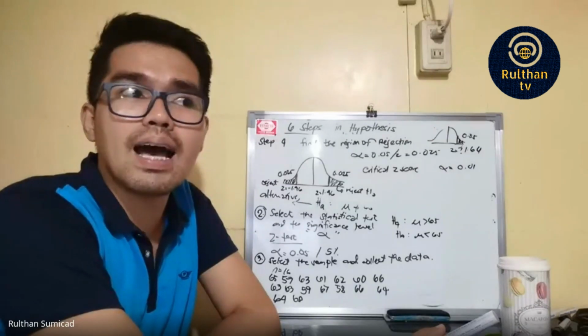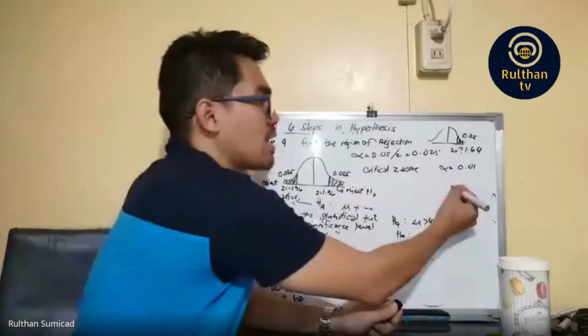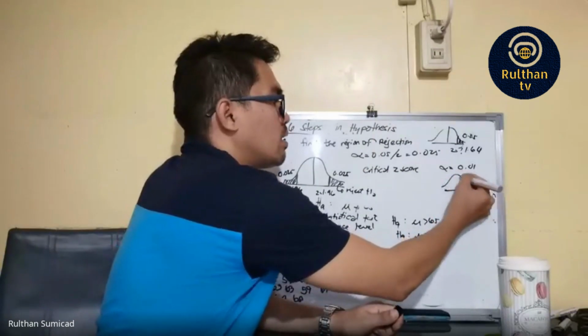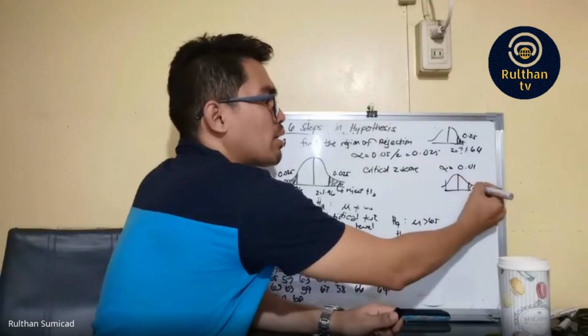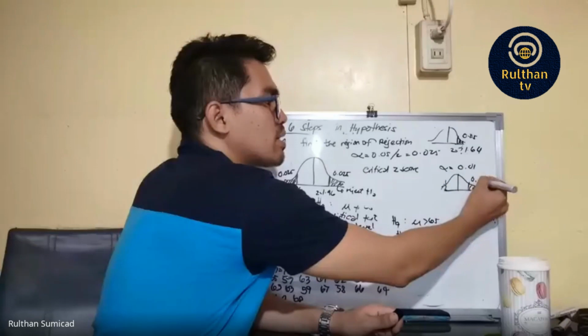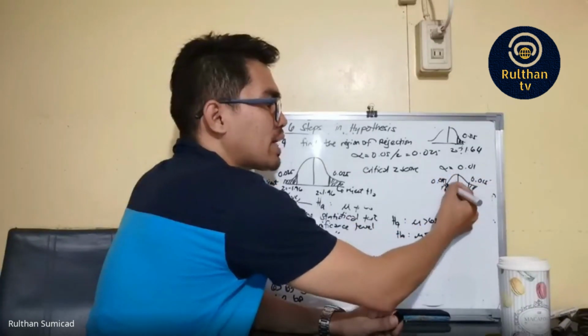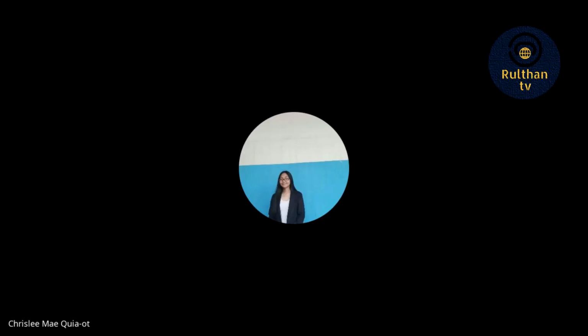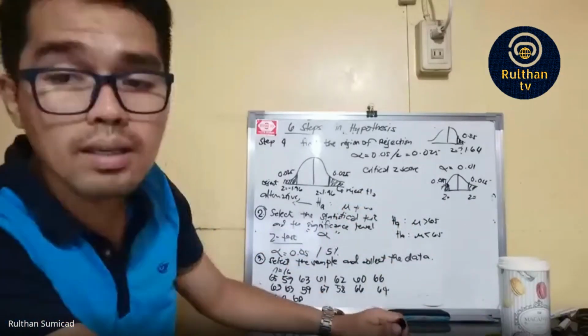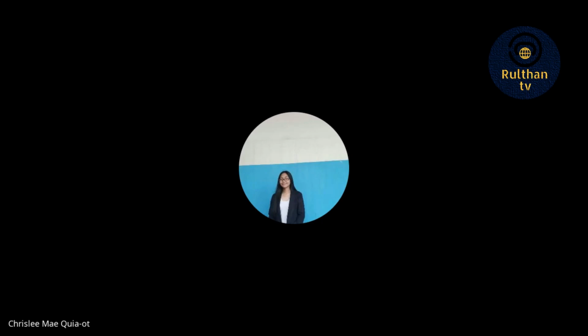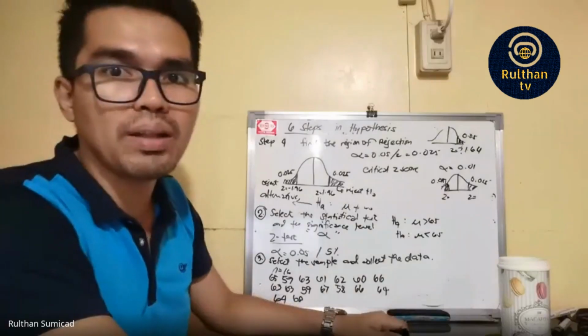Now that's the rejection area. I'm asking for the critical value here, the Z score.